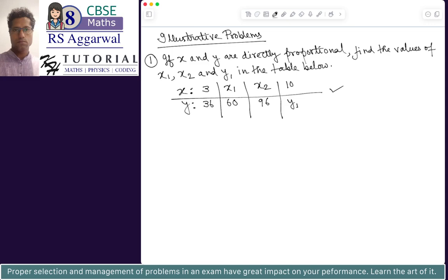So if I consider the ratio x by y to be constant, I must have from the table that 3 by 36, which is the ratio of the corresponding values of x and y from the first data, should be equal to x1 by 60. This should be equal to x2 by 96, and this should be equal to 10 by y1.